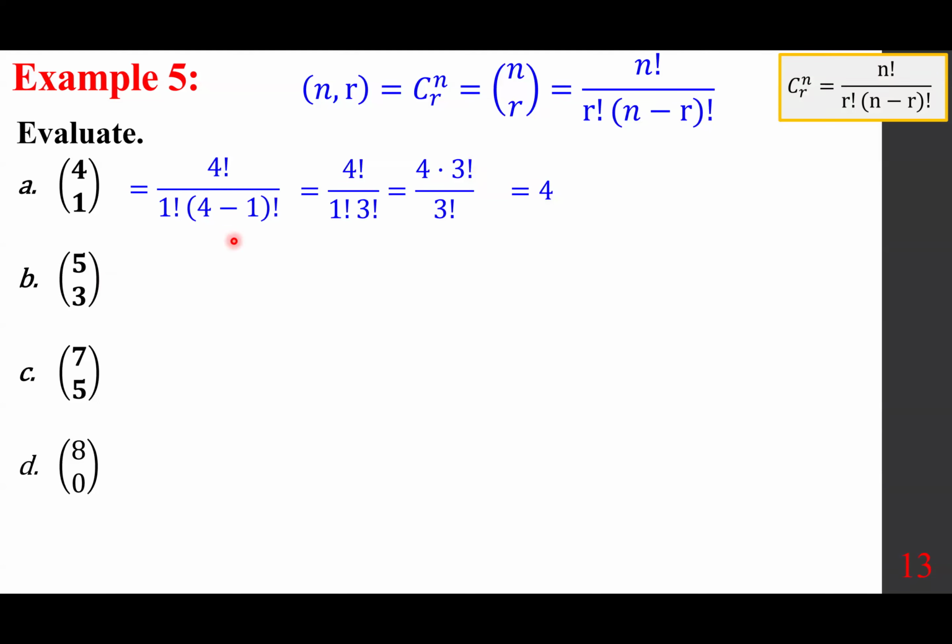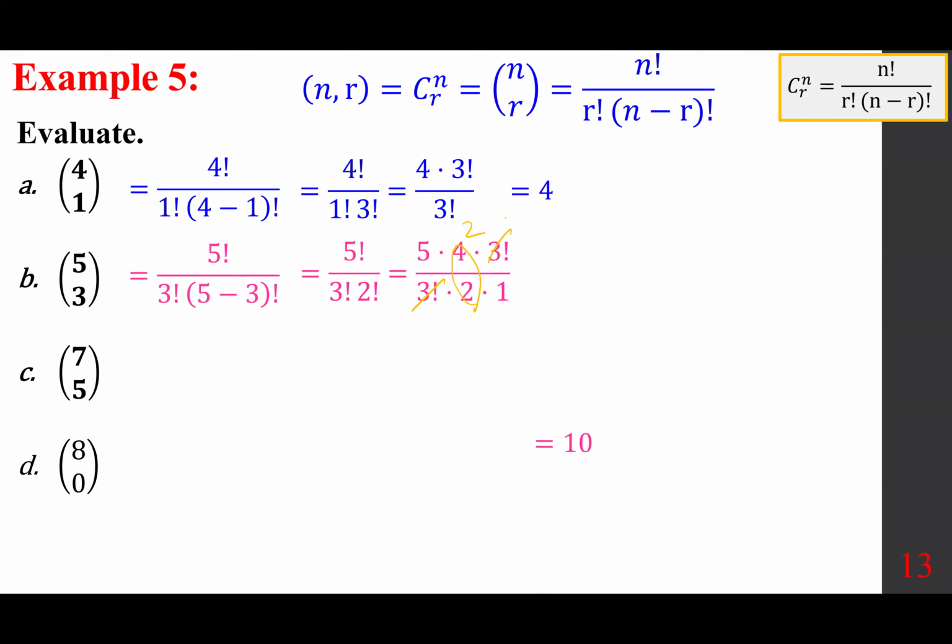We put 5 factorial at top, 3 factorial at the bottom, and then 5 minus 3 at the bottom, and this becomes 2 factorial. We're going to expand this as 5 times 4, and stop at 3 factorial. These two cancel each other. 2 times 5 is 10.